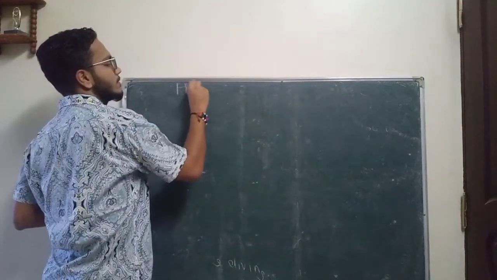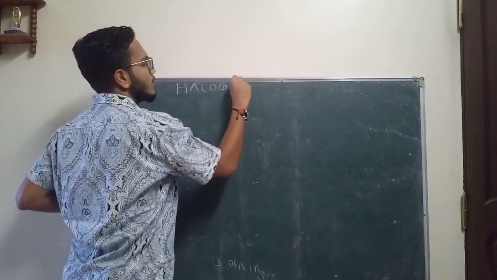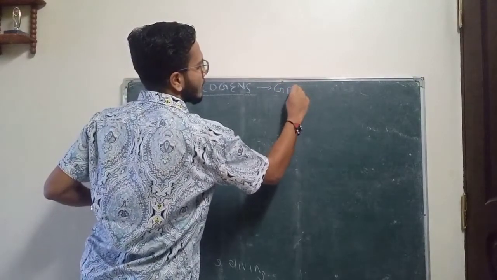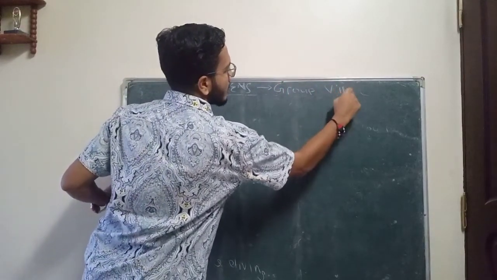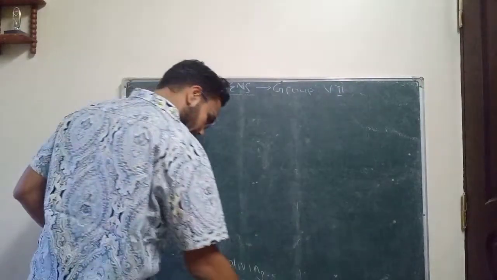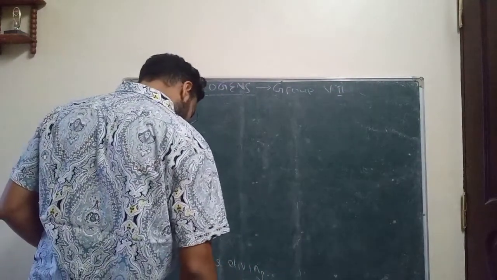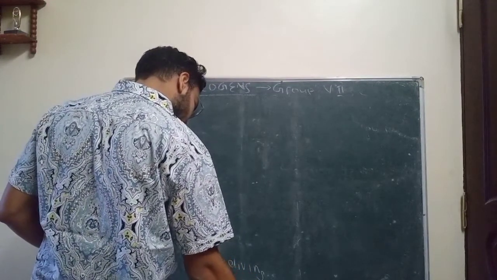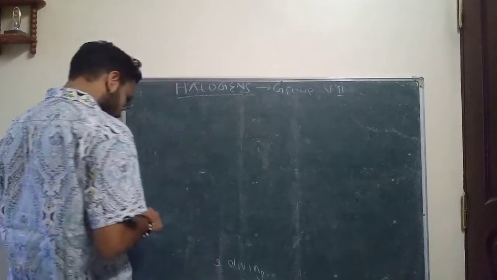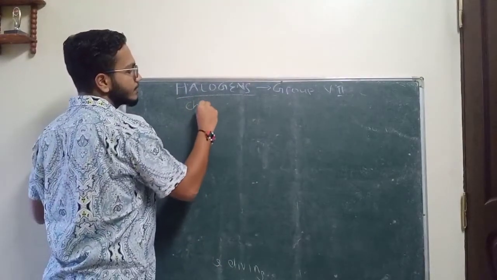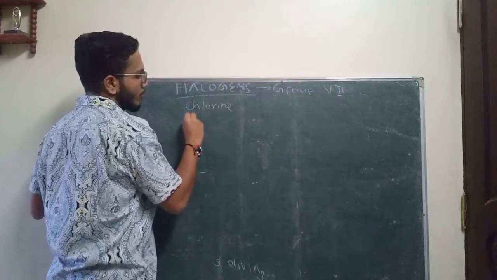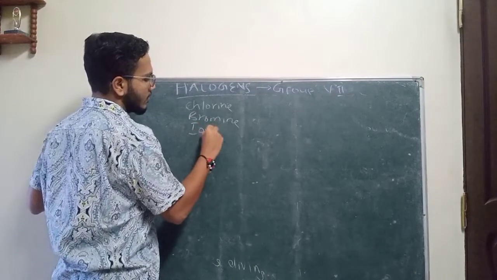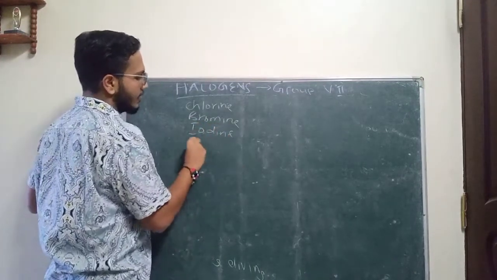These are group 7 elements. We have chlorine, bromine, iodine, and astatine.